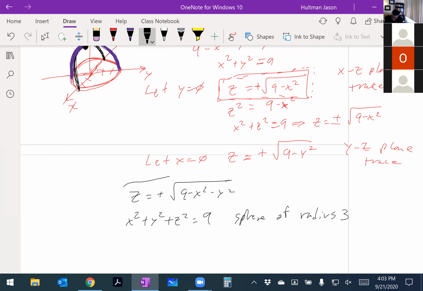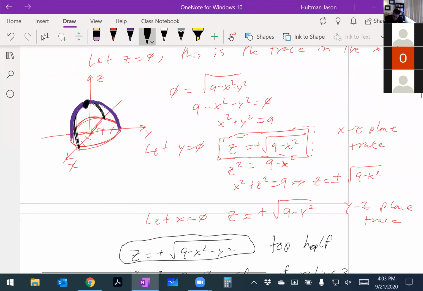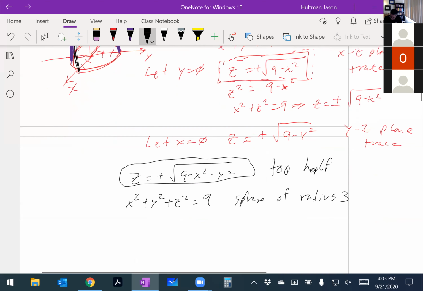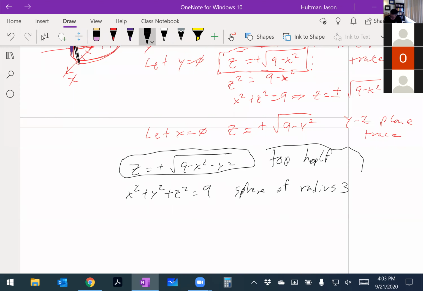But I only want the top half. Looking at our traces, that concurs: this is the top half of a sphere of radius 3. That's the graph of that thing.